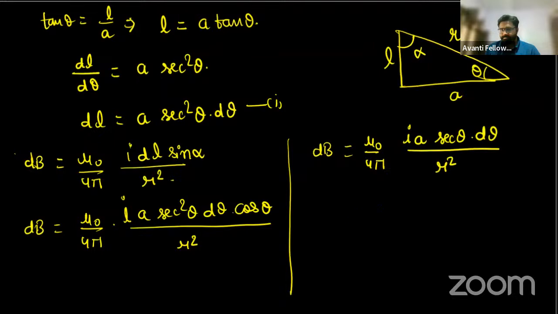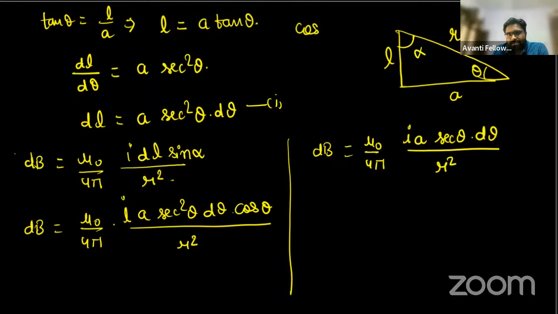Now one of the things that we have also is r. So r also we will have to replace. Look, r we can write in terms of sec theta. If you write sec theta in this triangle, it is the inverse of cos theta.